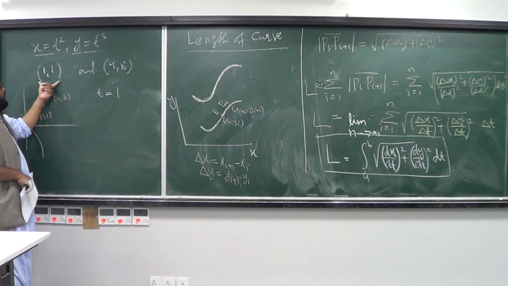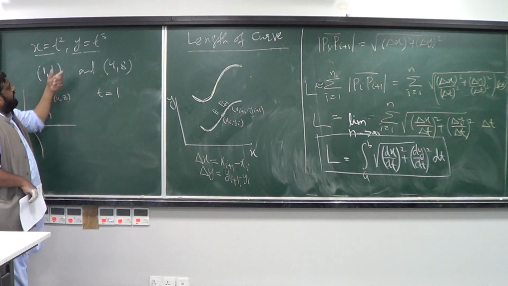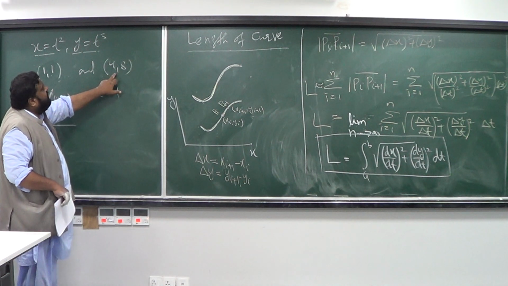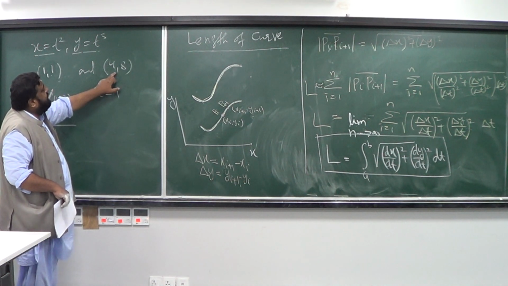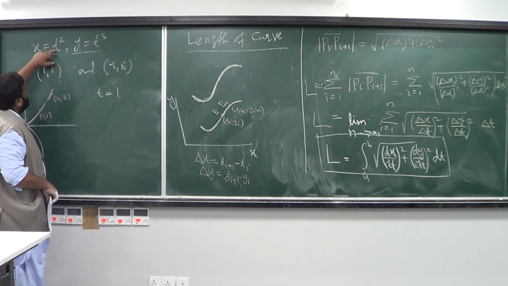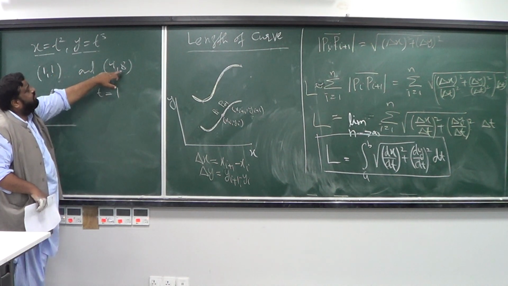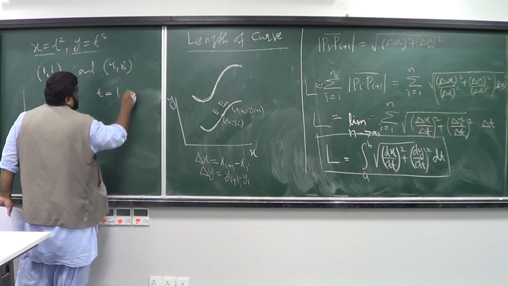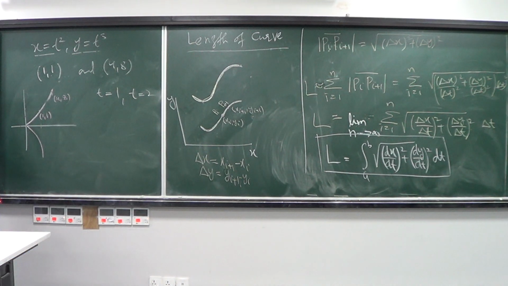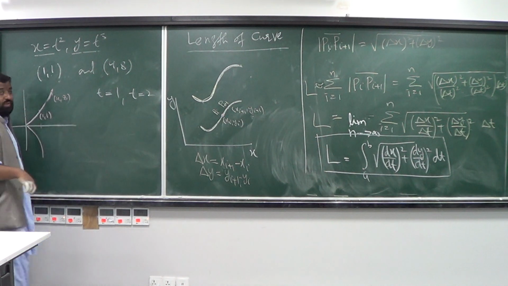For what value of t are you going to get the point (4, 8)? You can guess correctly: substitute t equal to 2. So t square is going to become 4 and t cube is going to become 8. So t goes from 1 to 2.